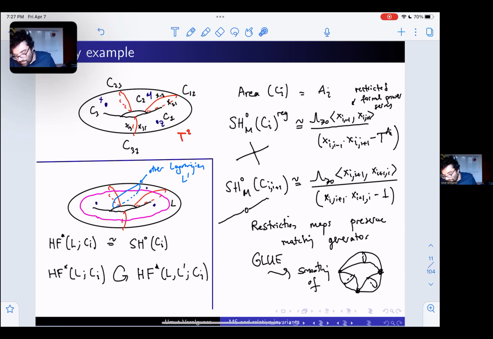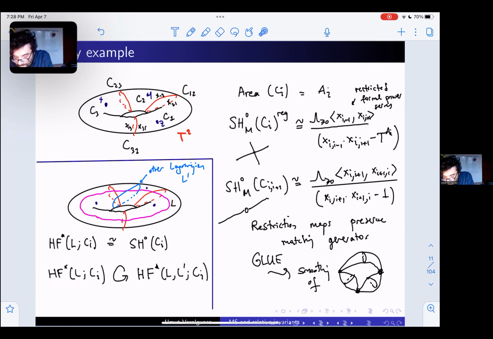So then you could actually do this entire construction using this Lagrangian section, and then you can also set up the homological mirror symmetry functor by using the fact that this Lagrangian Floer homology acts on this pair.